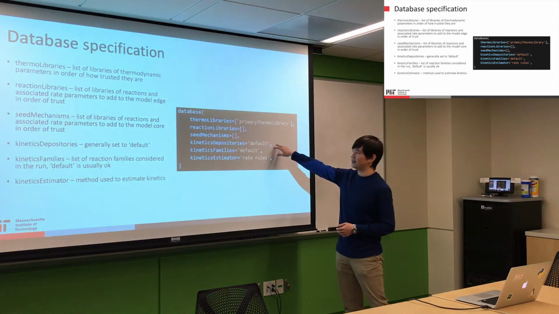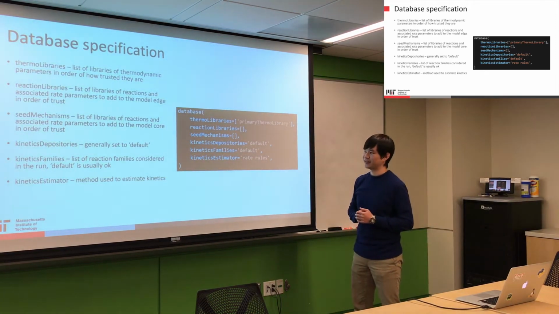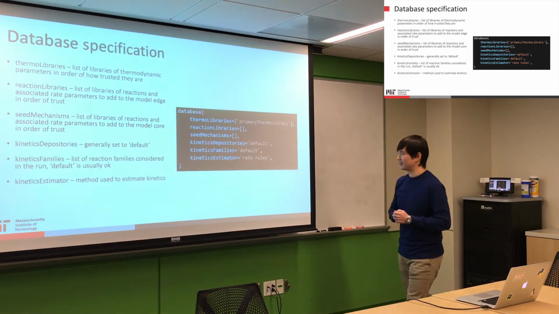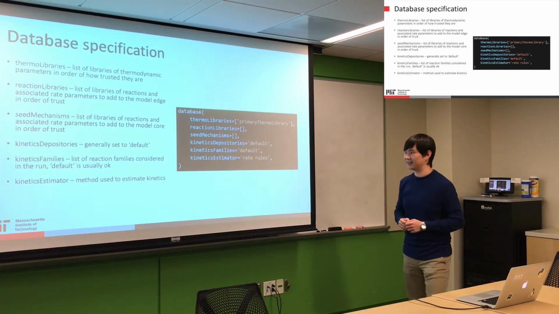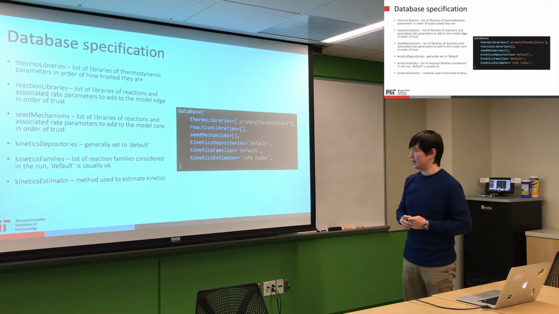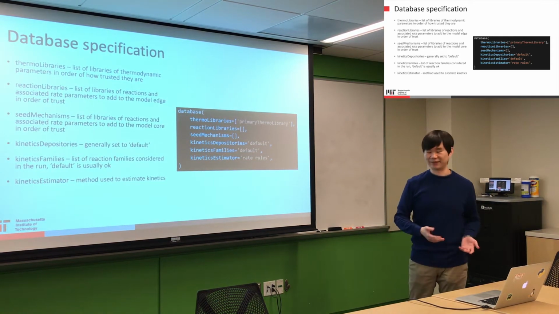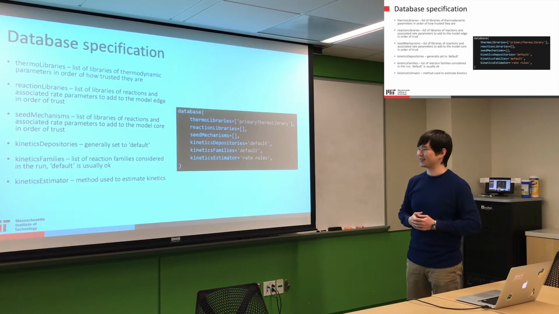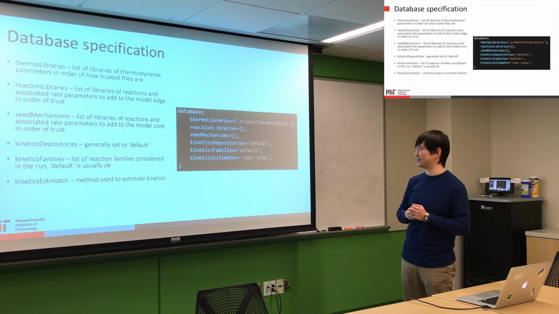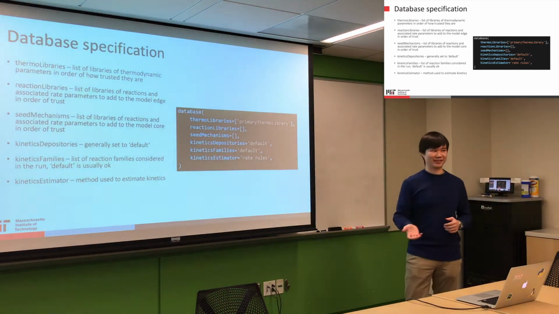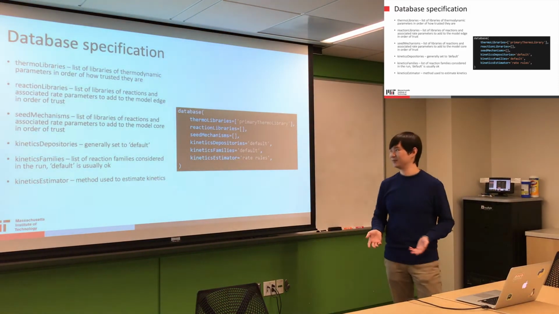Kinetics depositories refers to the training depositories that we use for the kinetics families. Generally, you don't need to change this and can just leave it as default. For kinetics families, we have 77, plus or minus a few, kinetics families in RMG. In general, not all of the families are going to apply to your system.